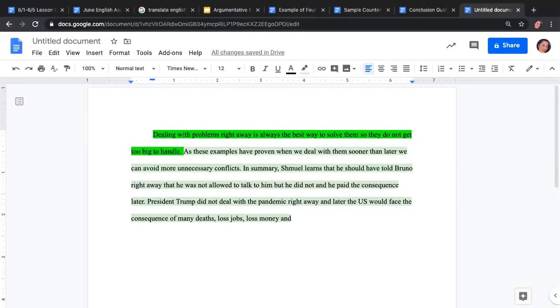And lots of stress maybe. President Trump did not deal with the pandemic right away, and later the U.S. would face the consequence of many deaths, lost jobs, lost money, and emotional stress.